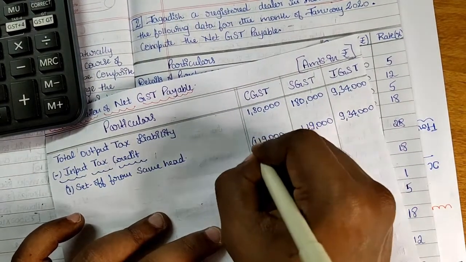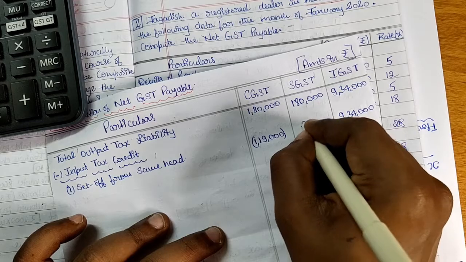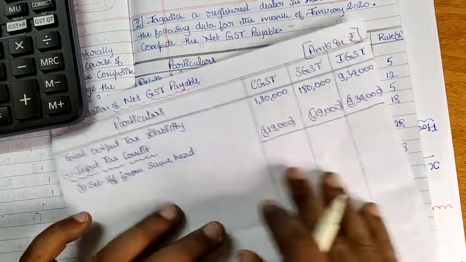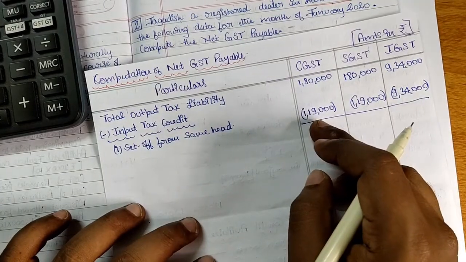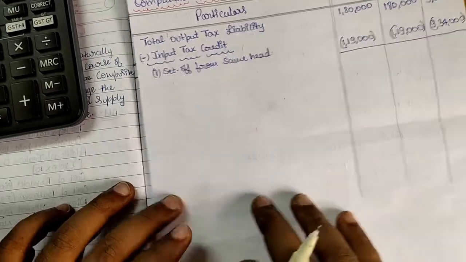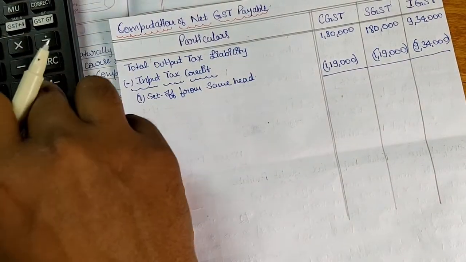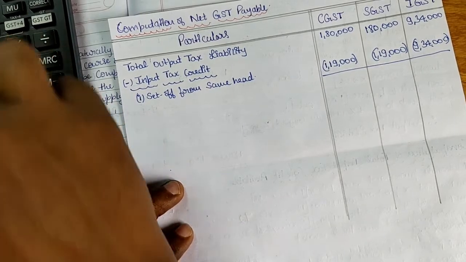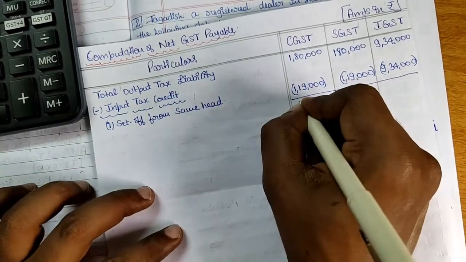So let us do that. Since we are setting it off, we are writing in brackets because we are deducting it, right? 1,80,000 minus 1,19,000, which is equal to 61,000.